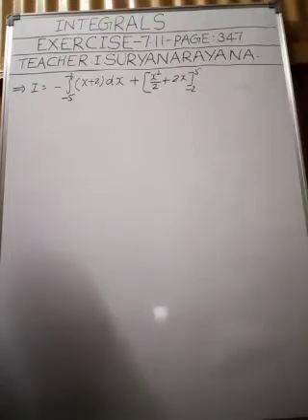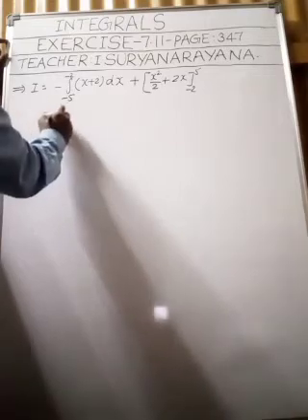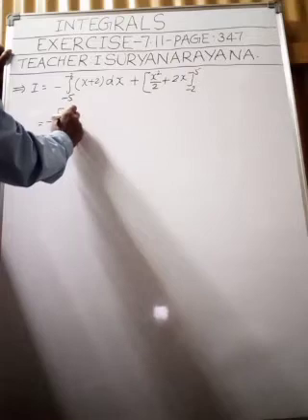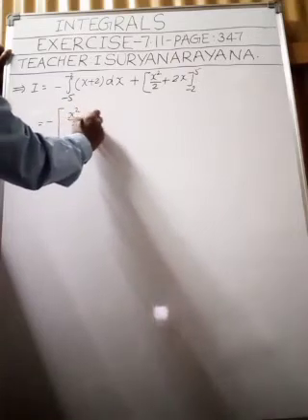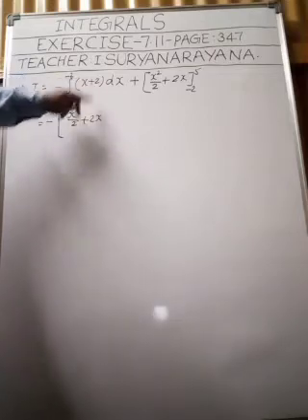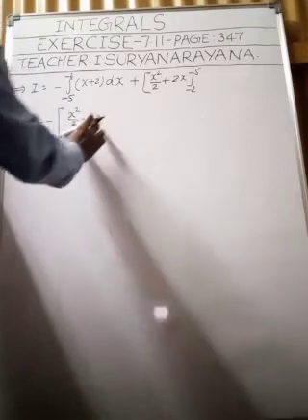Here I wrote the last step again. That is equal to minus of, what you get here, x square by 2 plus 2x. Integral x dx, x square by 2 plus integral 2 dx, 2x. Okay, my children? The same integral.